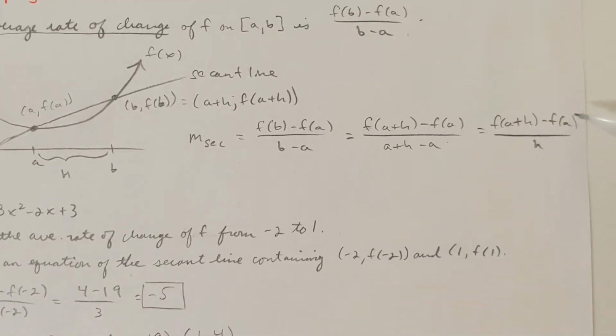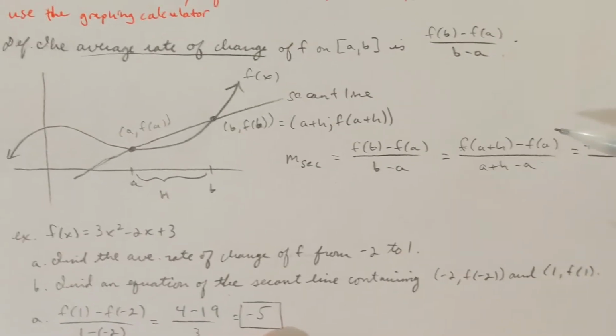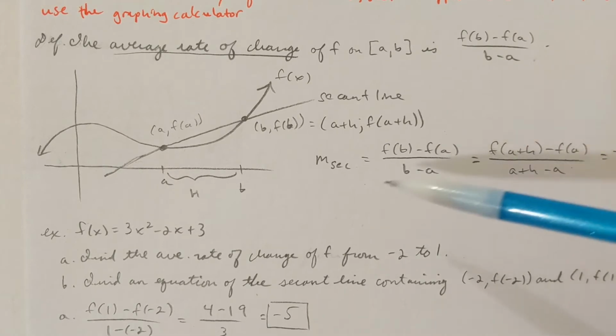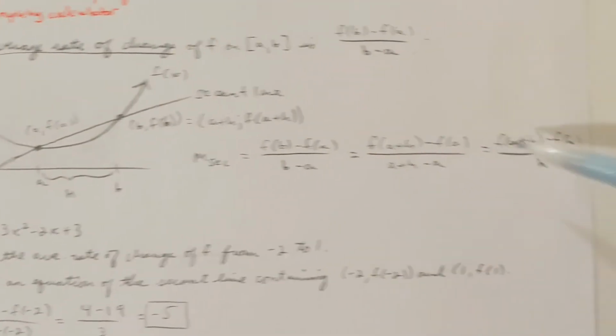And that gives me f of a plus h minus f of a over h. So the difference quotient that we were looking at before is exactly the same as the slope of a secant line.